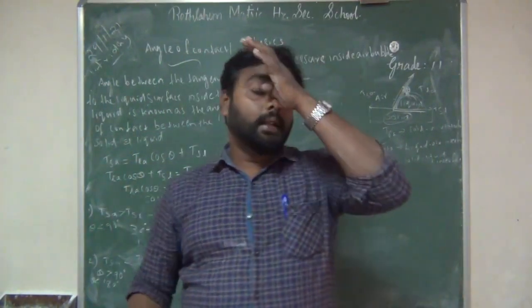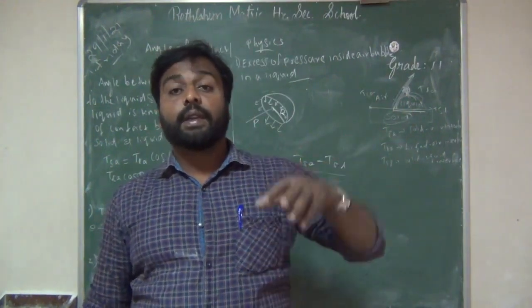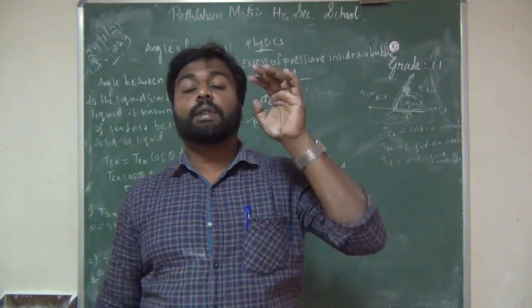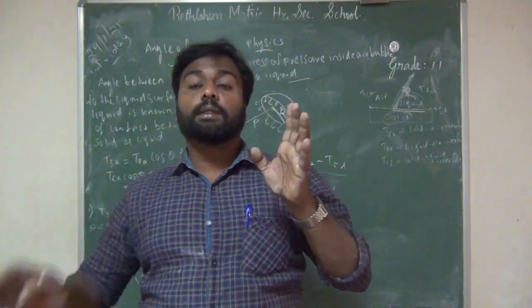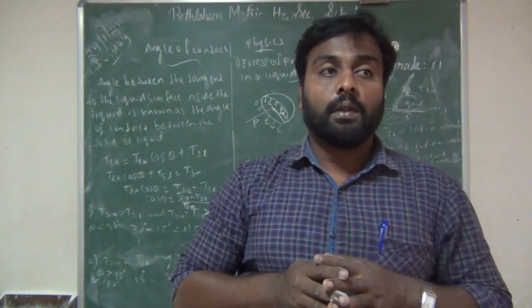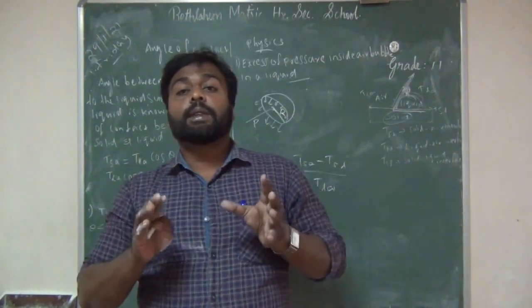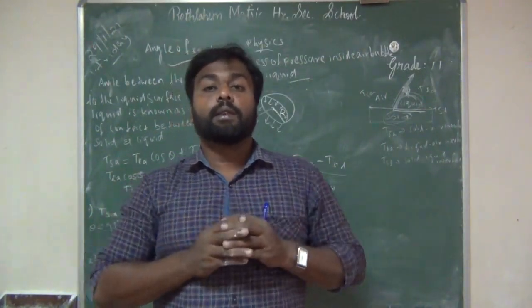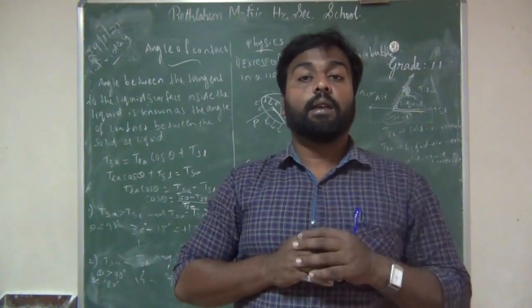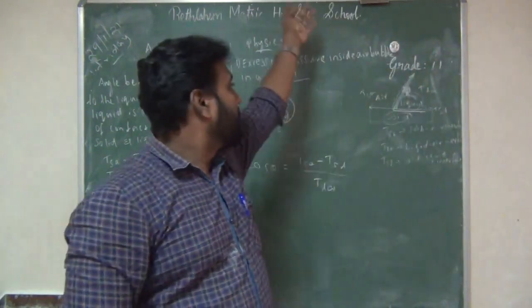And you know why this is happening, also there will be a pressure difference inside and outside. So when we are taking these bubbles or the liquid drop, inside there is some pressure which is acting, as well as there will be some pressure acting outside. So there will be an excess pressure between these two, inside pressure and the outside pressure. That we can find out.